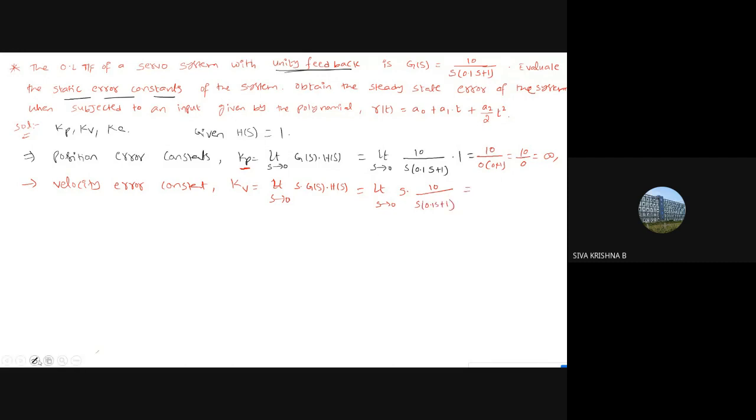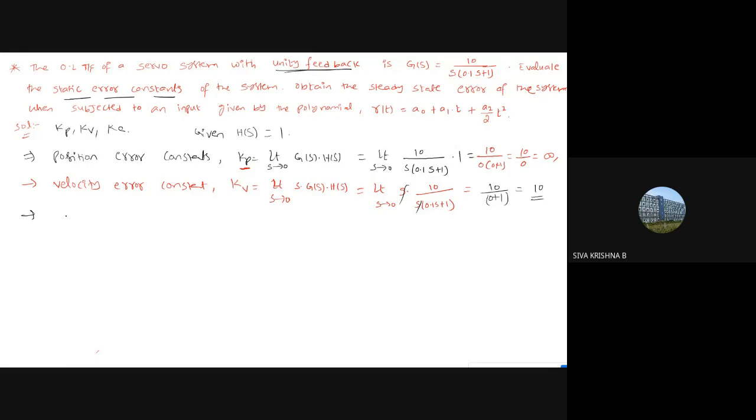So you will have a cancellation of this s and this s. So that is 10 by (0 plus 1), that is 10. So you get a constant value, because the given transfer function is a type 1 system. So type 1 with unit ramp will get a constant value.